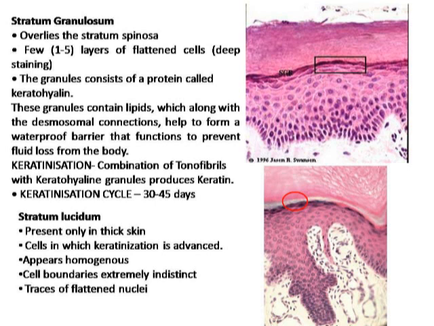The stratum granulosum is composed of 3 to 5 layers of flattened keratinocytes. This layer is aptly named due to the presence of non-membrane bound keratohyalin granules, which are irregularly shaped and stain intensely basophilic in histological preparation.